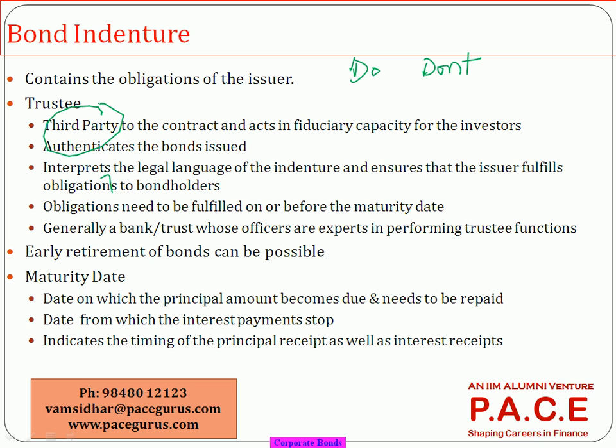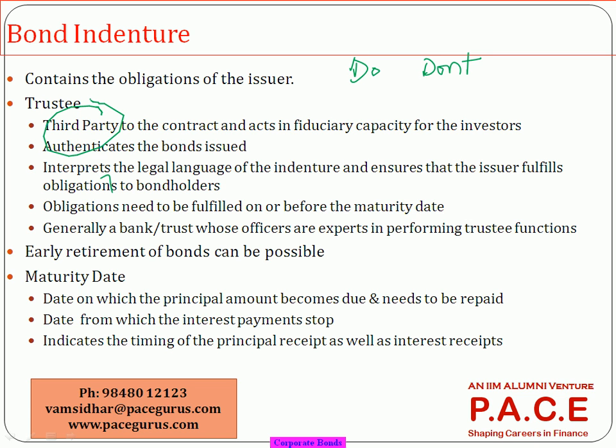The main intention is authenticating, or giving assurance, that the company will pay the interest as well as the principal on time, because it's like a borrowing. The trustee also has a responsibility to ensure that the obligations shown in the indenture, and the do's and don'ts mentioned in the indenture, are all adhered to by the issuer.